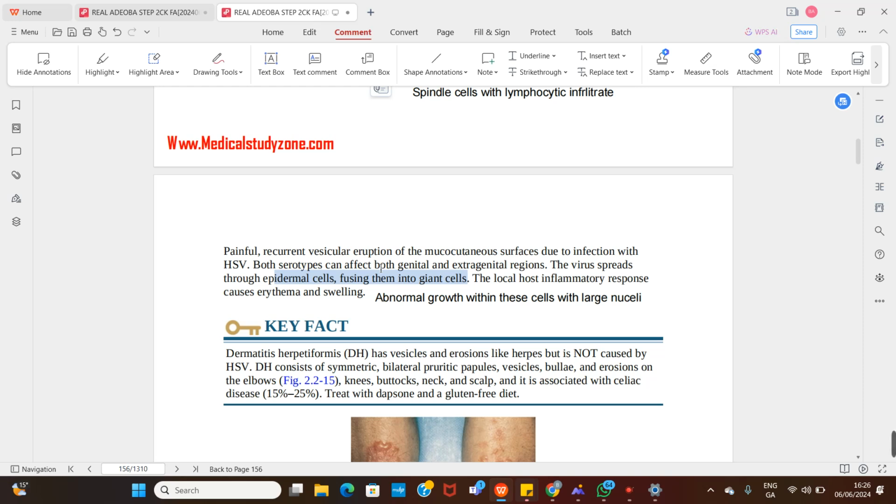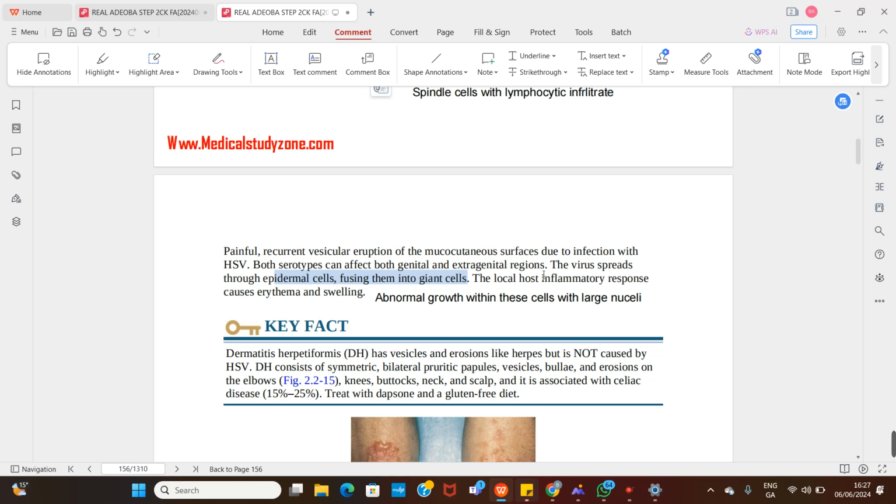They form vesicular lesions within the mucocutaneous surface, like the lips, the tongue, buccal mucosa, the genital areas too. So both serotypes can actually affect the genital and the extragenital regions, which is very correct. Your herpes simplex type 1 can affect the genital area as well as the mouth, while your herpes simplex type 2 can do vice versa.